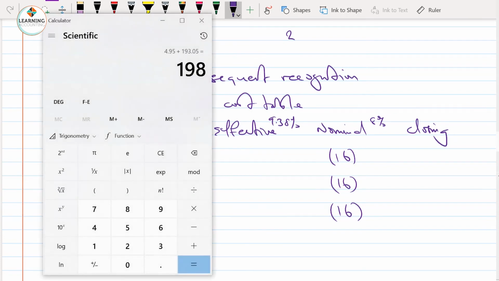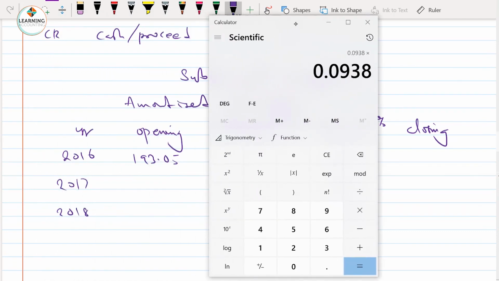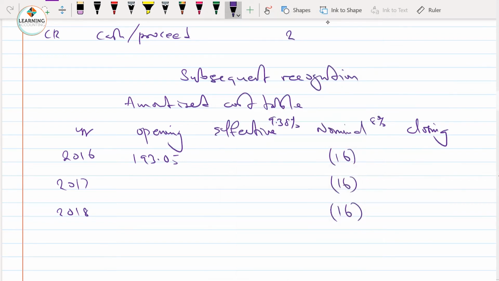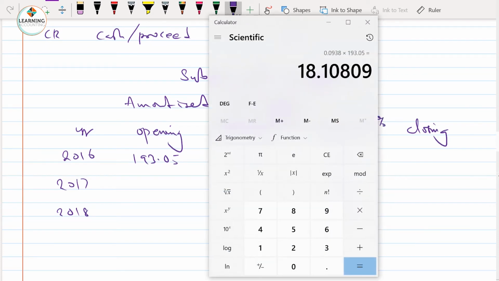So we have 0.0938 basically multiplied by the opening, which is 193.05, and that gives us 18.1 approximately. So we have 193.05 plus 18.1 minus 16.